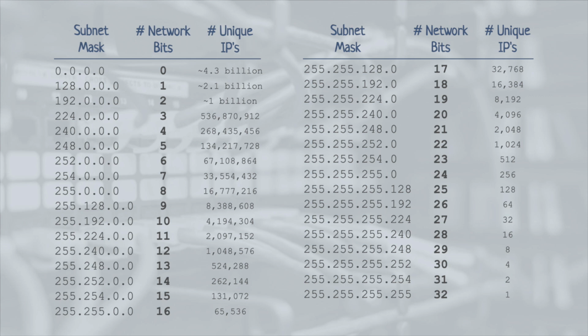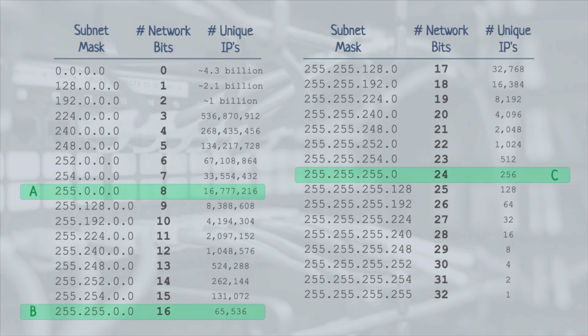The mathematical function of the subnet mask is that the number of ones in the binary mask defines the scope of the network by providing the number of network bits. As the number of network bits decreases, the number of host bits increases, and with it, the number of unique IP addresses available. For reference, let's label classes A, B, and C.